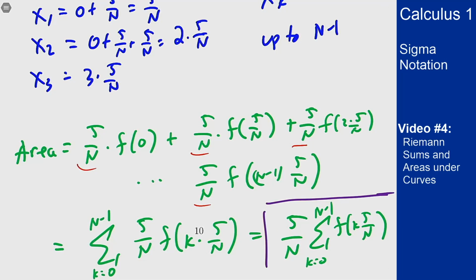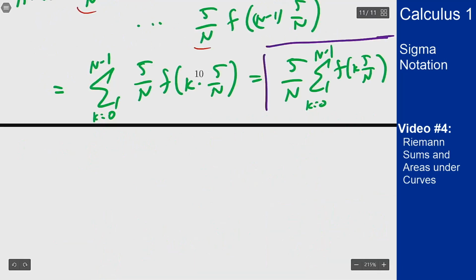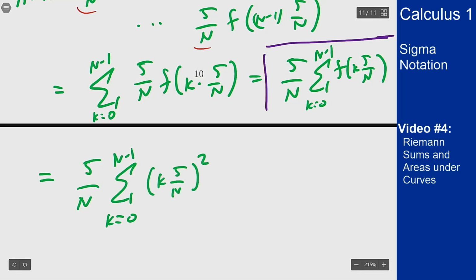But we're not done yet. I still want to try to simplify this further to get to something that only involves n, so I can take a limit. What can I do from here? Well, I know that my function is x squared. So this becomes 5 over n, the sum from k equals 0 to n minus 1 of k times 5 over n, squared.